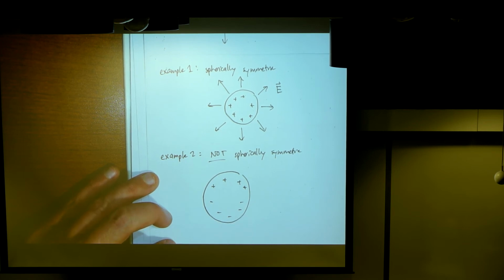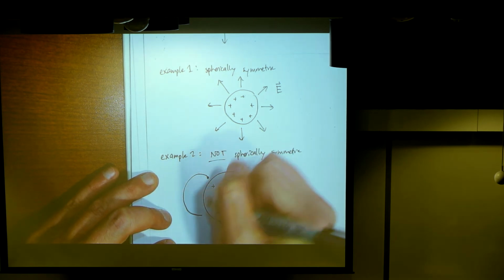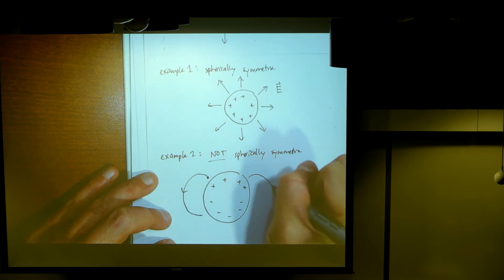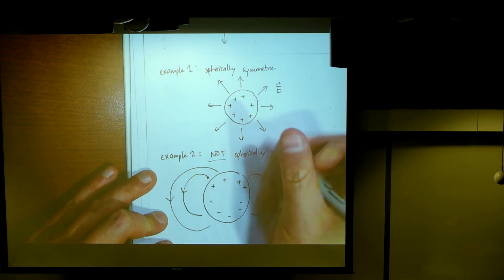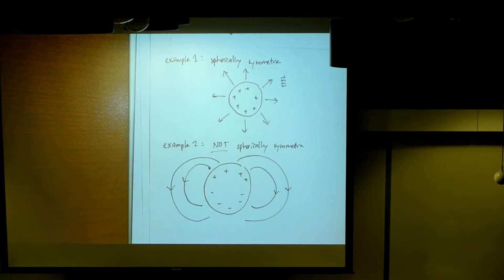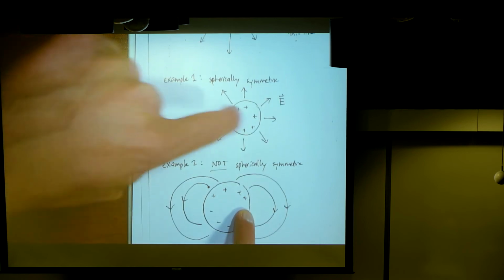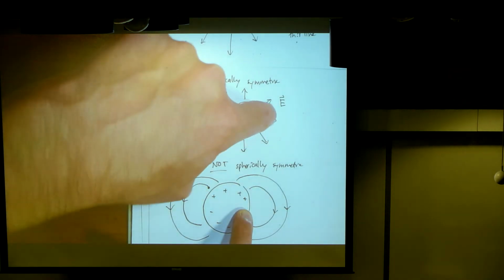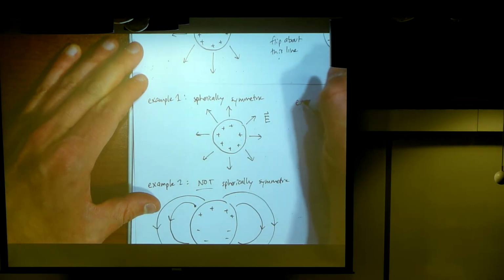They should be starting at the top where we have positive charge and ending at the bottom, something like this. Clearly this is not an E field that is spherically symmetric, so we would not be able to use Gauss's law to solve this kind of problem. But we would be able to use Gauss's law to solve the spherically symmetric kind of problem.